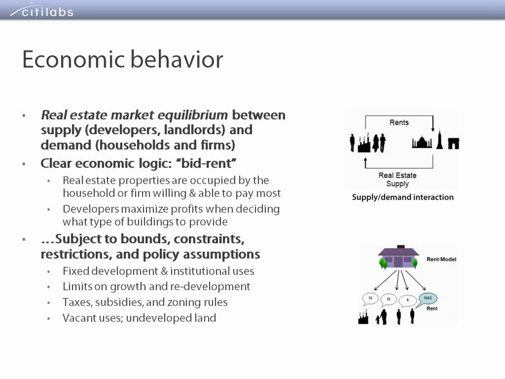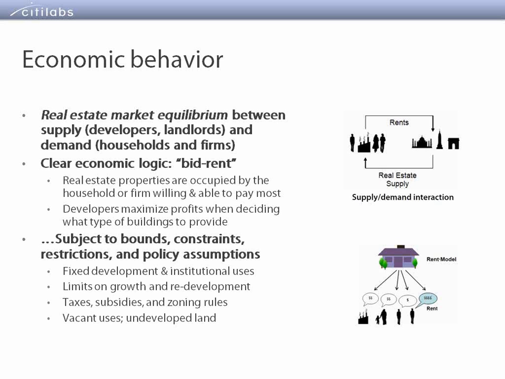We can also program in limits on growth and redevelopment. We can include policies such as taxes, subsidies, and zoning rules about what kind of land uses may occur in which locations. And we can treat exogenously vacant uses and undeveloped land, meaning we can take some land and just say this is not going to be developed or developable because of water or other environmental restrictions.